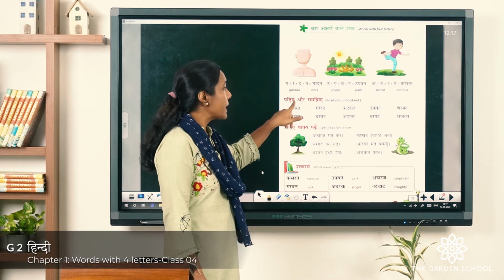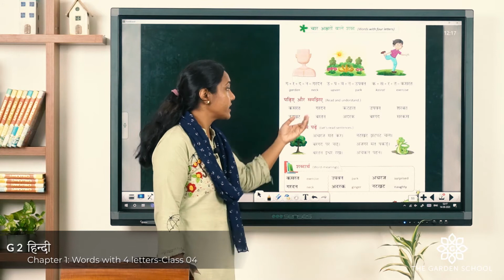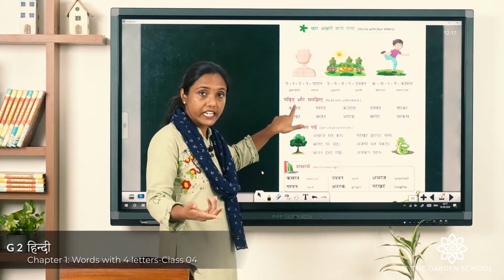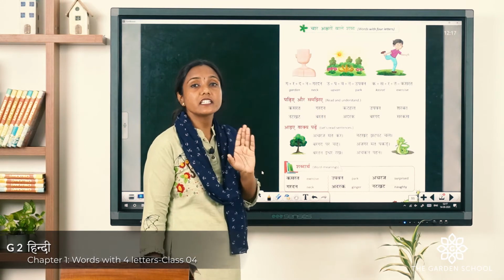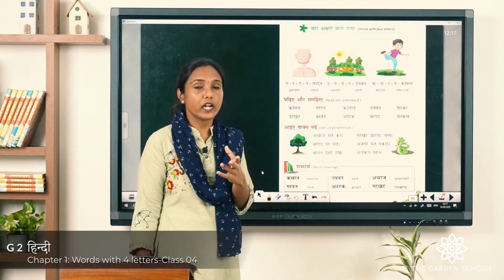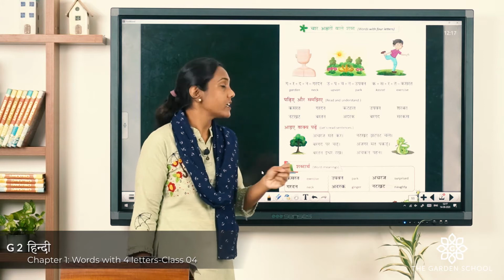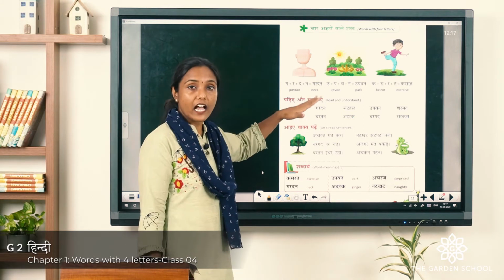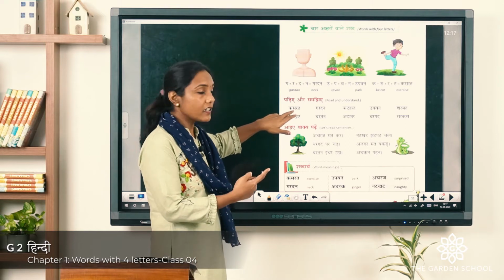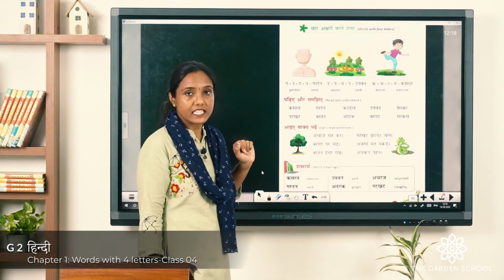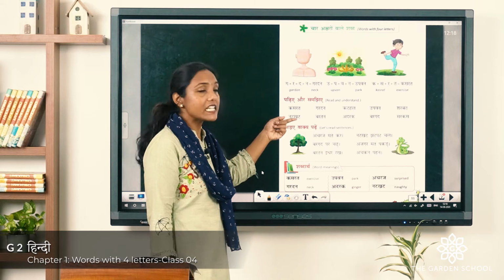Now here, padhiye or samajhiye. Padhiye means read and samajhiye means understand, okay? Let's see the other 4-letter words. Kasrat, we already learned. Kasrat means exercise, okay? Next one is natkhat.